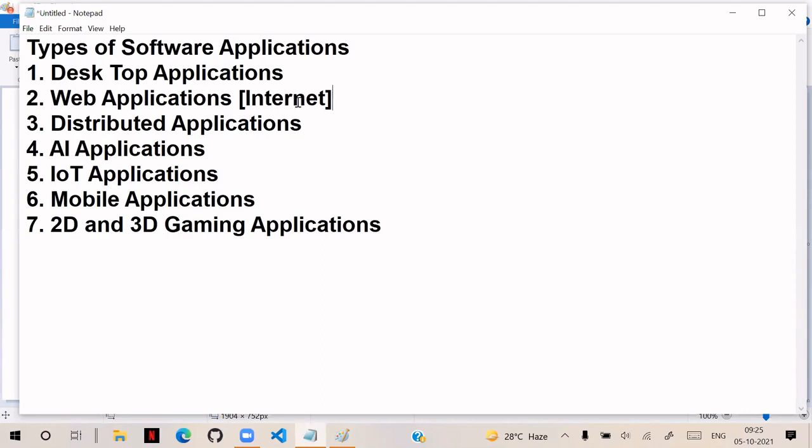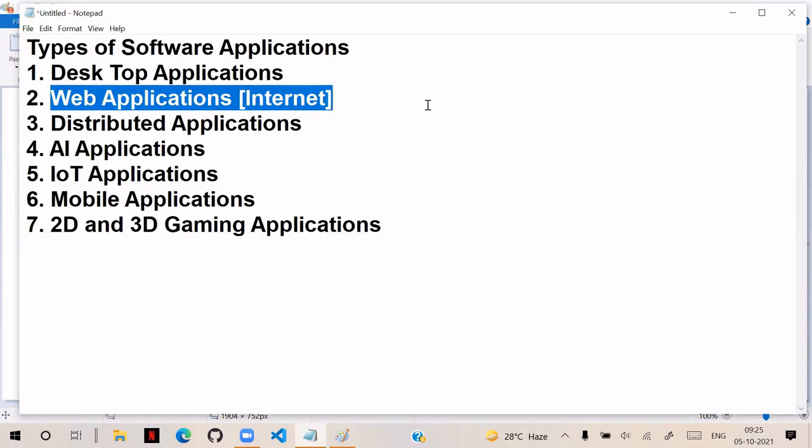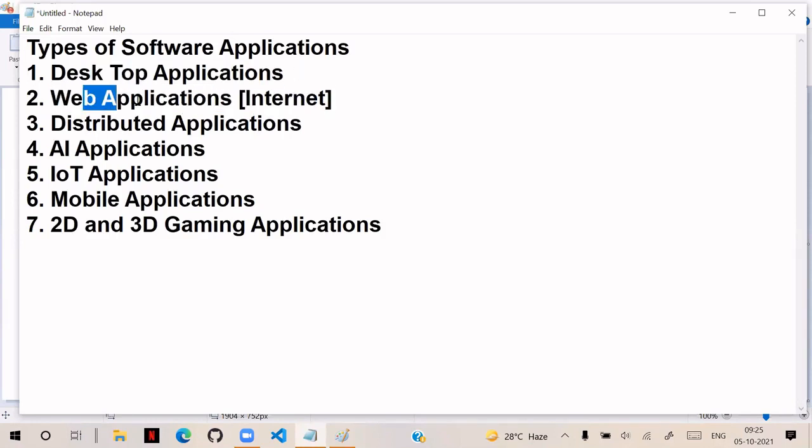We have desktop applications and we have web applications.